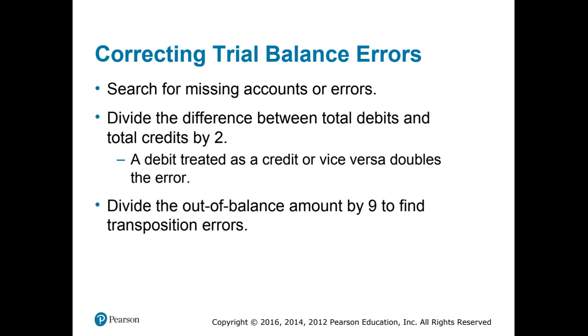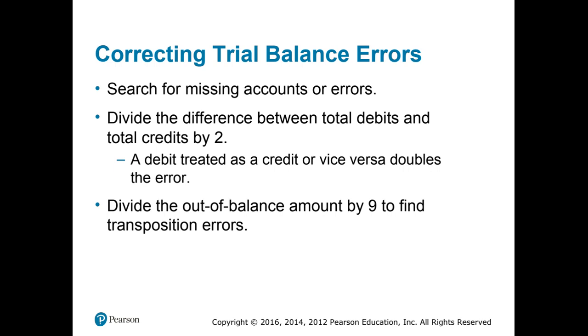Trial balance errors. So if you have an error in your trial balance, if you're on your total line and this total is 500 and this total is 600, and you're like, okay, well, they're supposed to both be 600, or you don't even know that, okay? You don't even know what they're supposed to be. You just know that they don't equal, right?